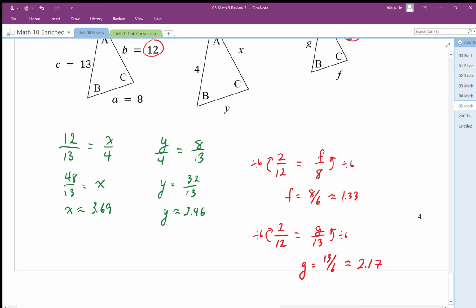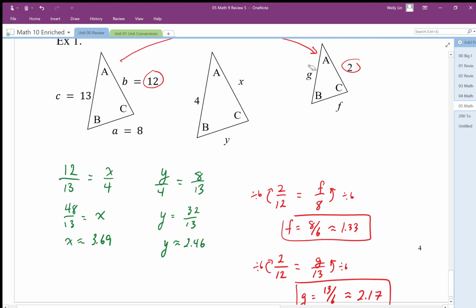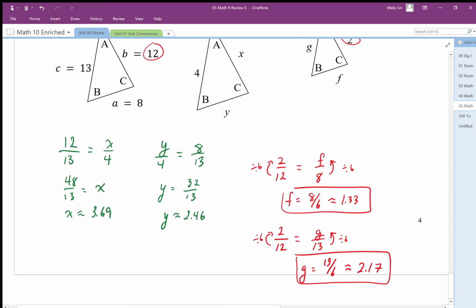And that's an approximation. So those are my lengths here, 1.3, 2.17. That makes sense. That's slightly longer than that side here. And then my other for the green triangle here is going to be those two values.